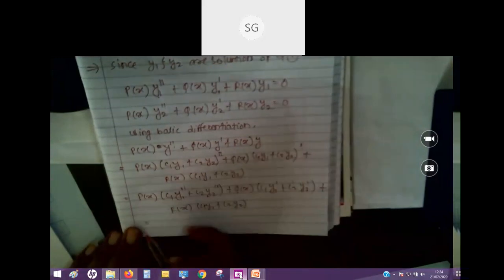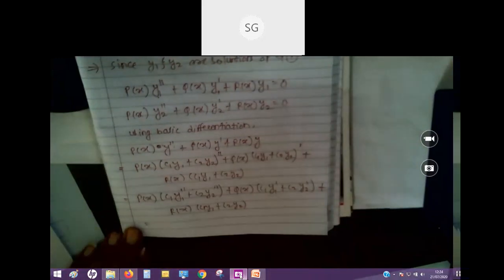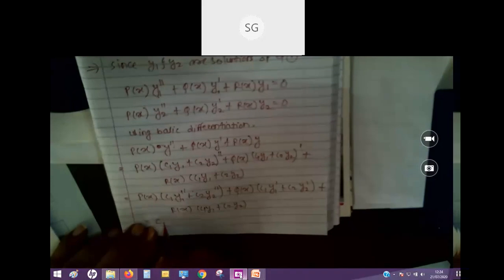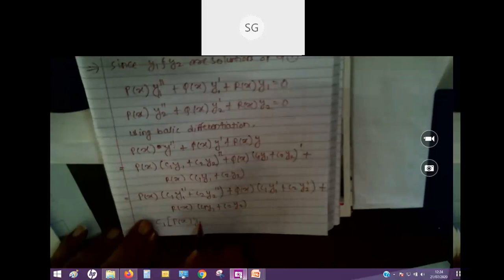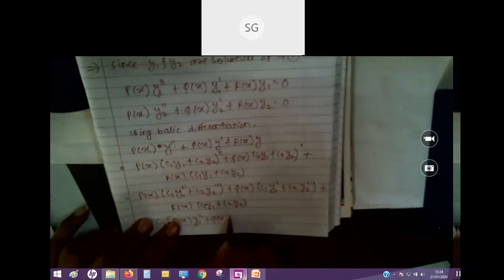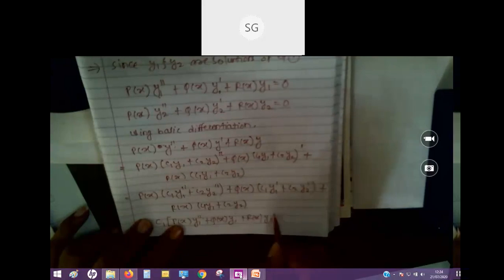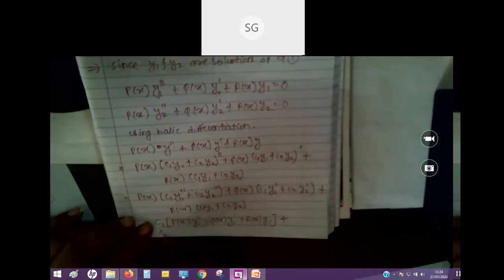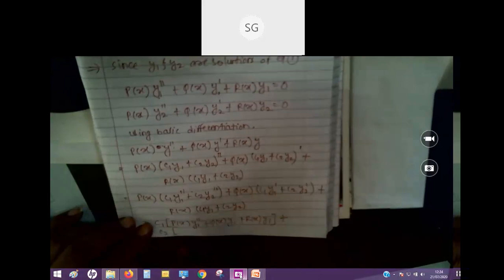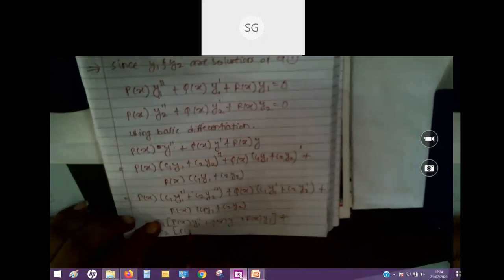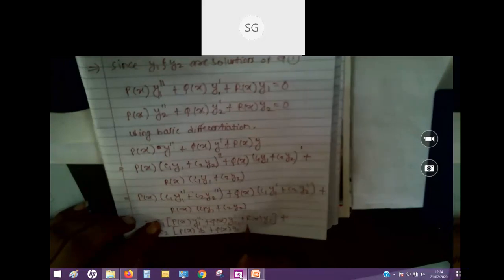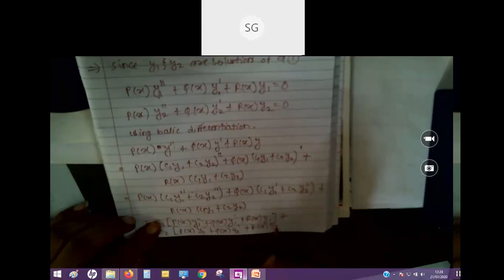Now, if you take out c1 and c2 outside the bracket, we get c1 times p of x y1 double dash plus q of x y1 dash plus r of x y1, plus c2 times the bracket p of x y2 double dash plus q of x y2 dash plus r of x y2.